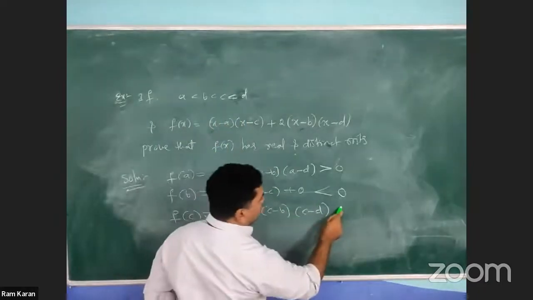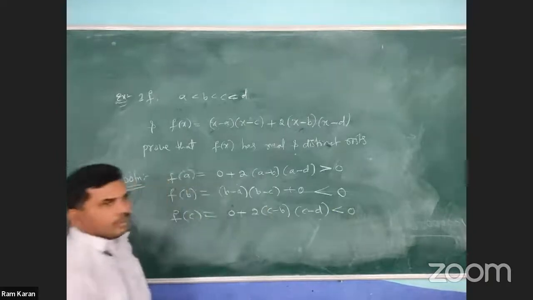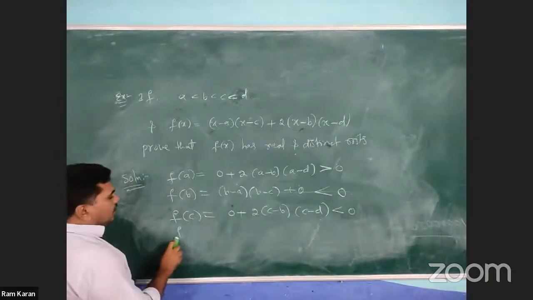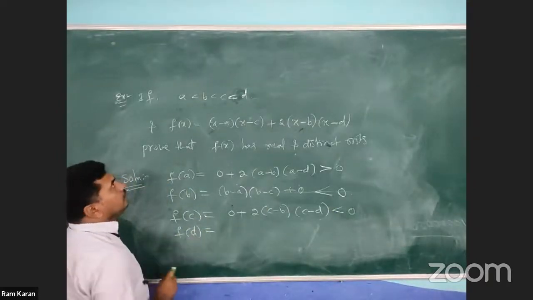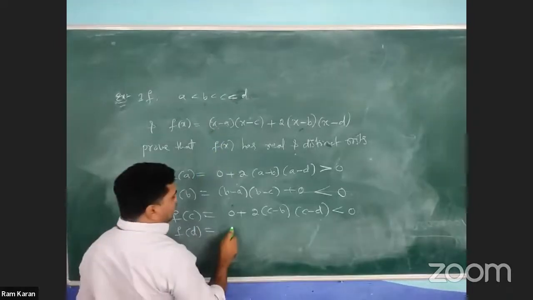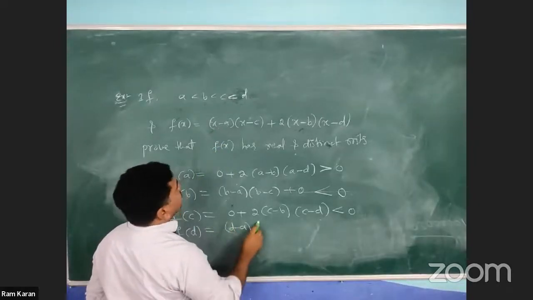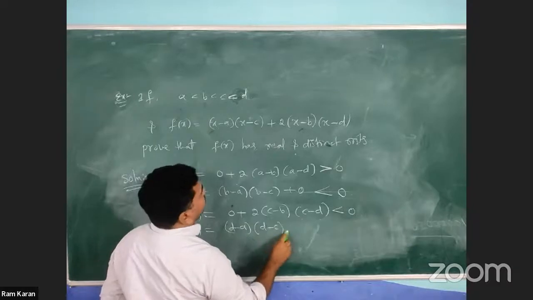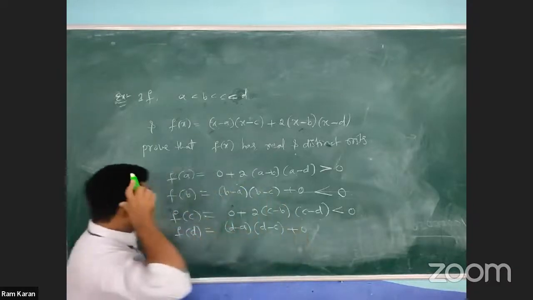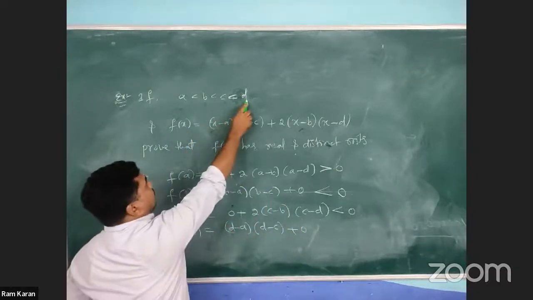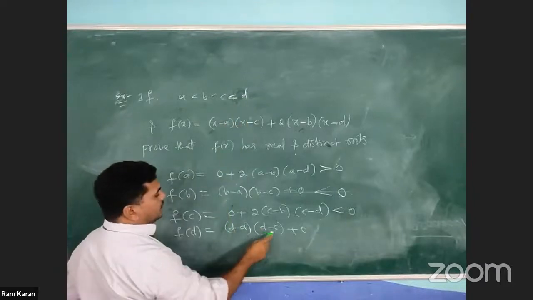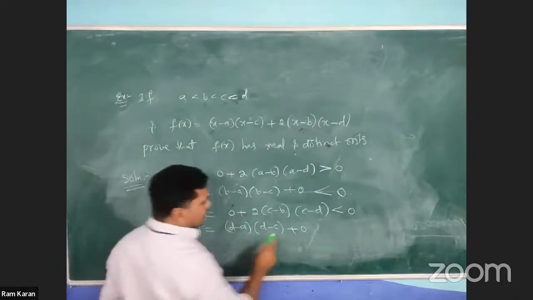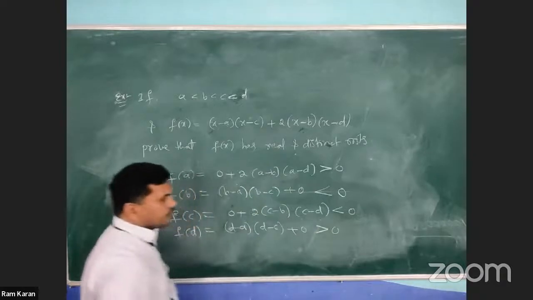Positive into negative is negative. Similarly, substitute d: it is d minus a into d minus c, plus 0. Since d is the largest number, subtracting a or c gives both positive. Positive into positive is greater than 0.